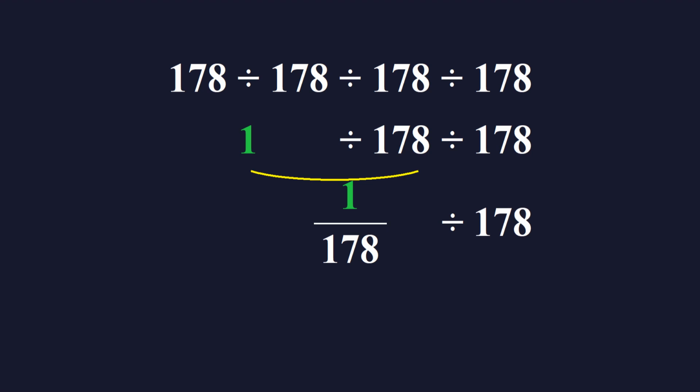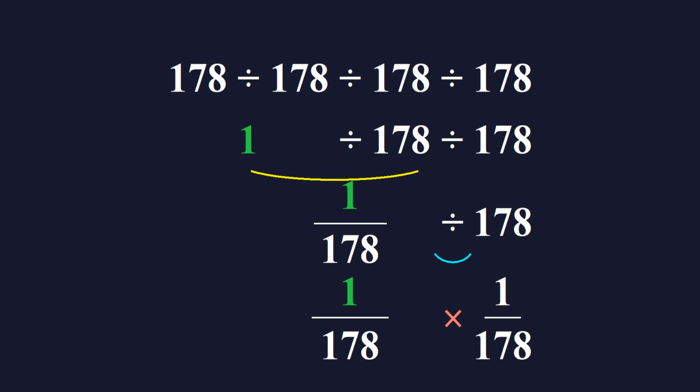So we must keep the first fraction 1 over 178 and change division to multiplication times, then flip the second fraction 1 over 178, which equals 1 over 31,684, and this is our final answer for this problem.